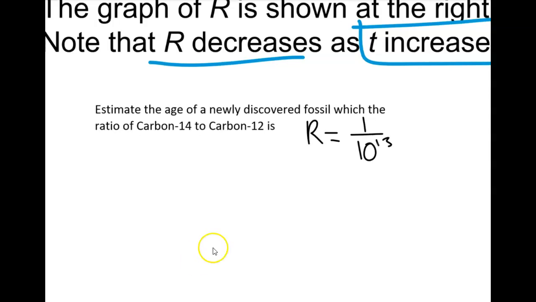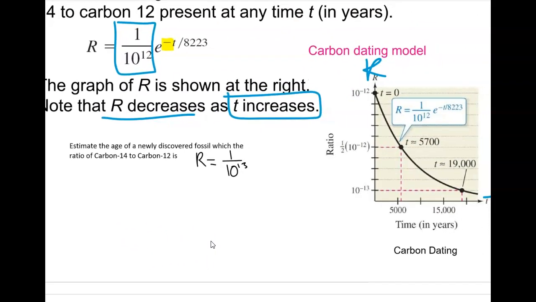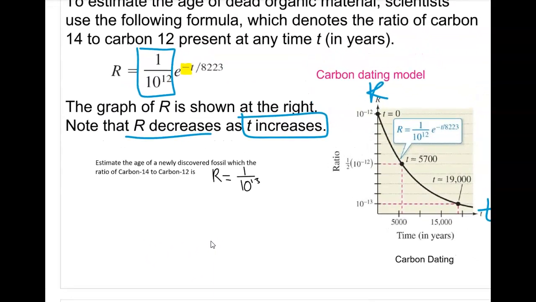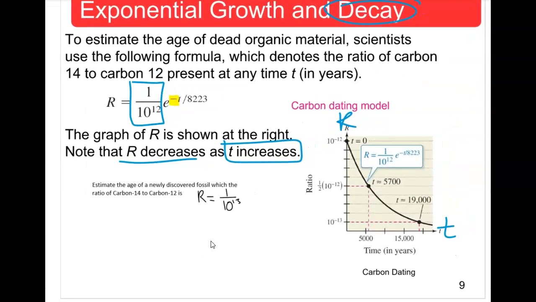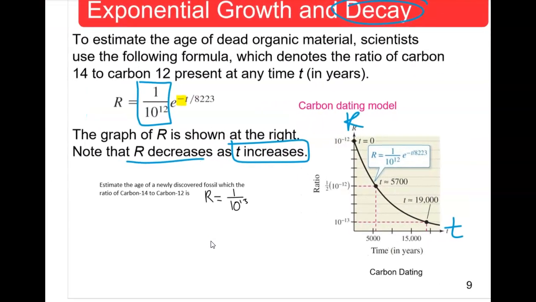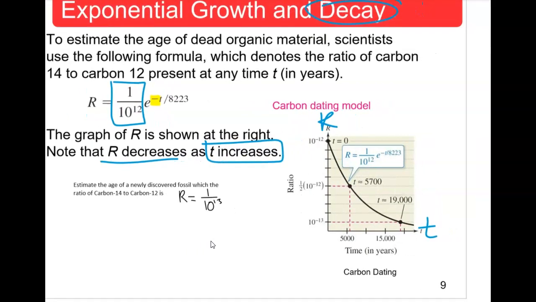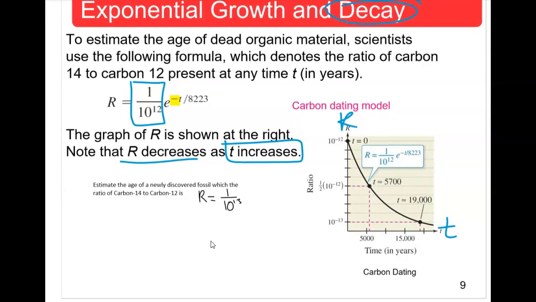So what we're going to do to solve the problem to find the age, and I can tell you right now it's going to be 19,000. That's the age of the fossil. You can see it here on the graph. So what we do is we take the model and we substitute this R with 1 over 10 to the power 13.